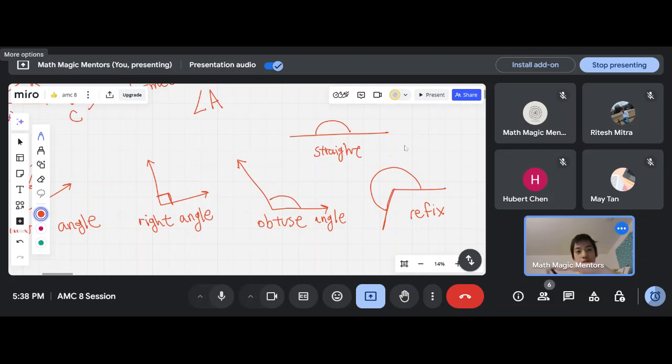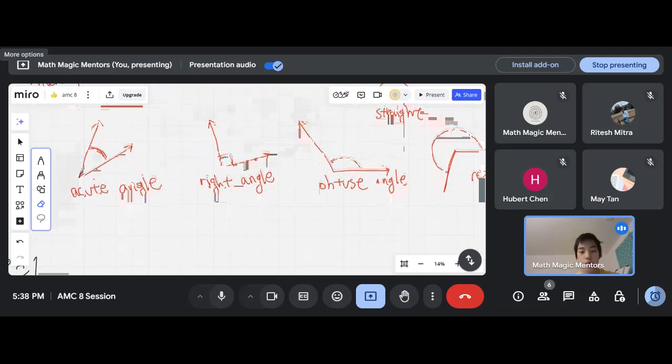If you rotate a line, for instance, starting from here and rotating it all the way around like that, you're going to form a reflex angle. Those are the basic types of angles.